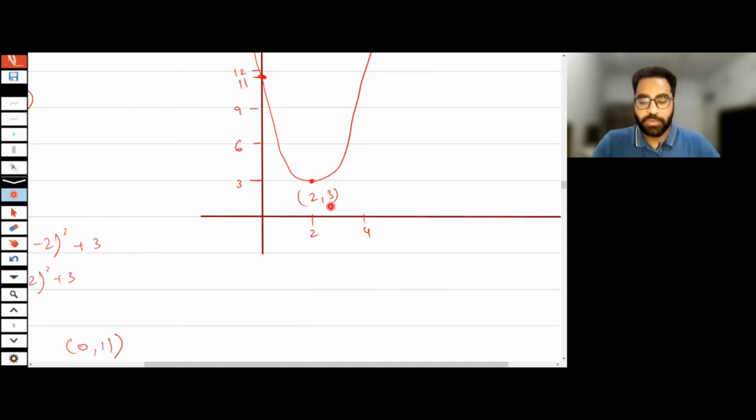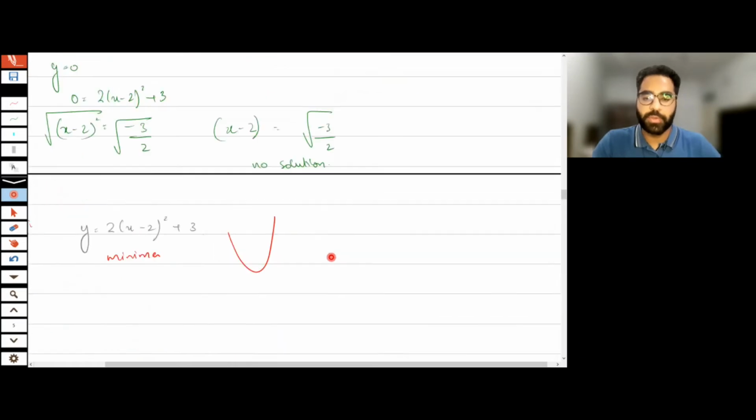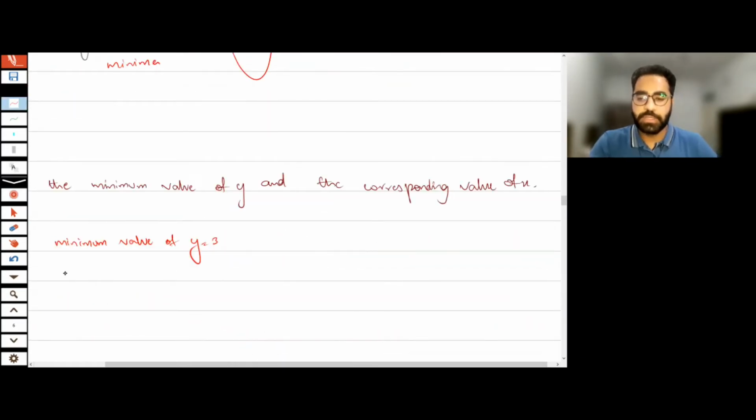So yes, you got the least value of y as 3. What was the corresponding value of x when you got the value of y as 3? And that was 2, the x coordinate of the turning point. We'll just write the corresponding value of x would be equal to 2.